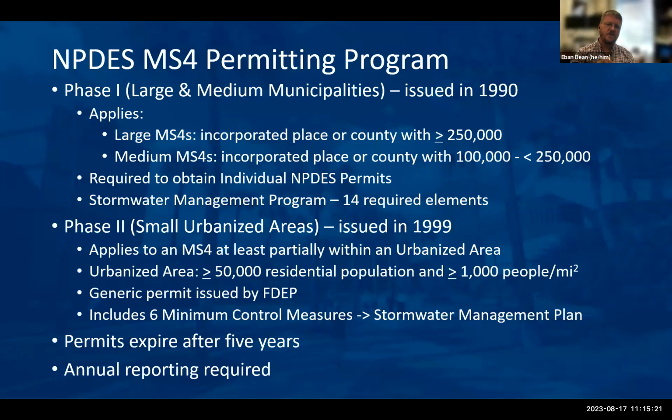And within that Phase 2 permit, one of the aspects of the control measures is a stormwater management plan. That can include additional stormwater requirements for new discharges and new construction. But NPDES basically applies to everything that is existing.